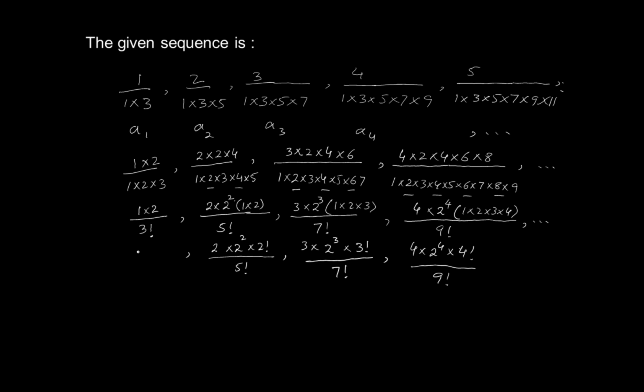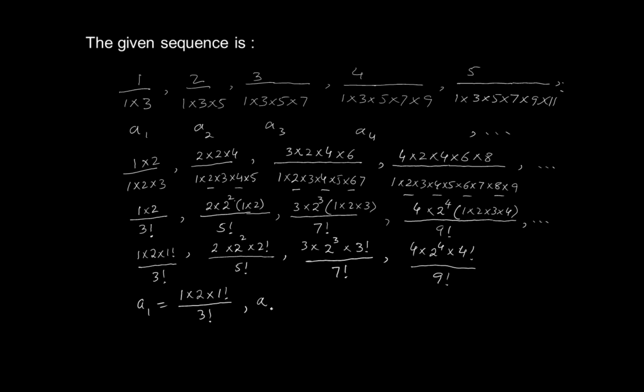So we can write it as 2 and then 1 factorial is multiplied, and over here 3 factorial. So now the first term is 1 multiply 2 multiply by 1 factorial divided by 3 factorial.